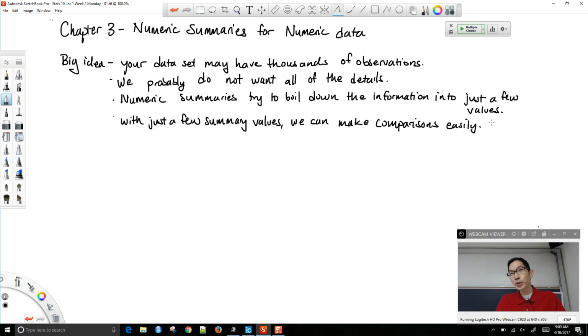If you're into sports, then whatever sporting thing you can think of, people have created numeric summaries for this, right? So if you're into football, American football, the quarterback gets a passer rating, and it's just a single number that's supposed to indicate the overall performance of the player.